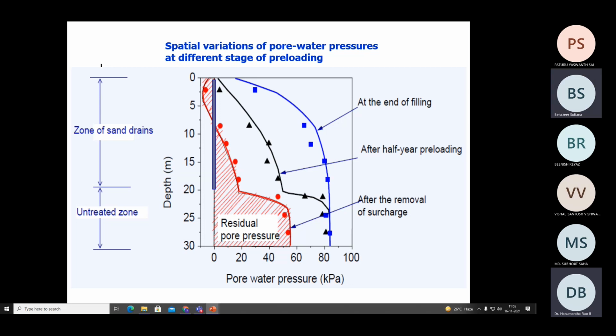Sir, can you explain the red line at a depth of 0 to 5 meters? That is something called negative pore water pressure and positive pore water pressure. Negative means the soil doesn't have any water, in fact. It is a dry soil.